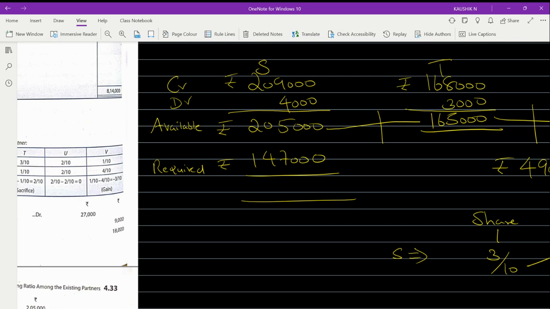Excellent. So what you should do? You have to find out the difference. So tell me what is the difference between these two values, 1,47,000 and 2,05,000?